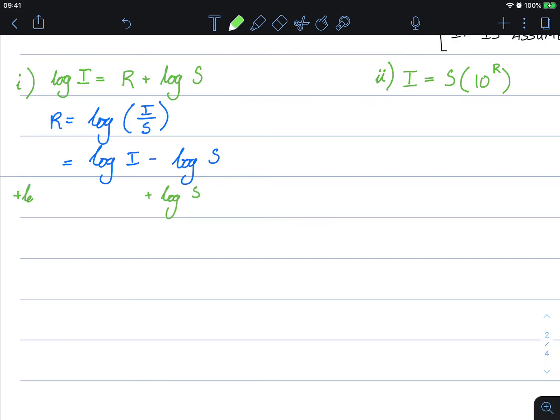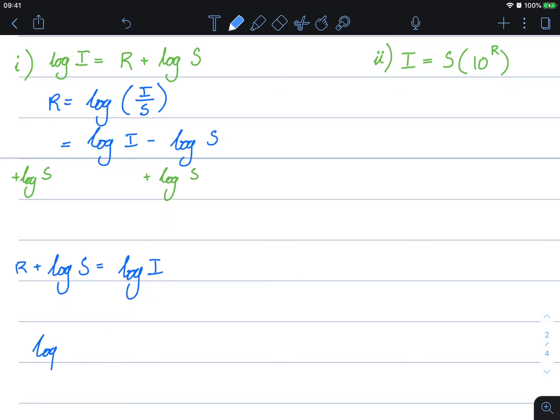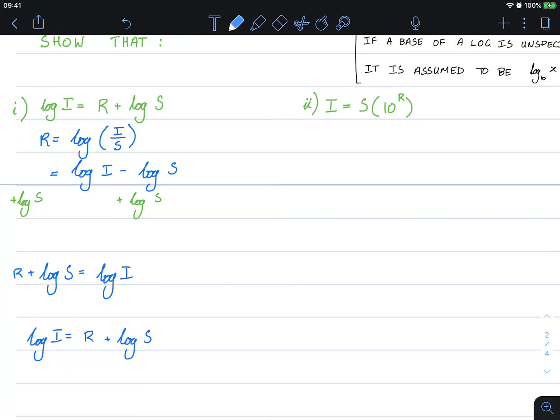The left hand side becomes R plus log of S is equal to the log of I. As you can see, it's just a rearrangement of this. Let's make this nice and neat. Log of I is equal to R plus log S. And there we have it.